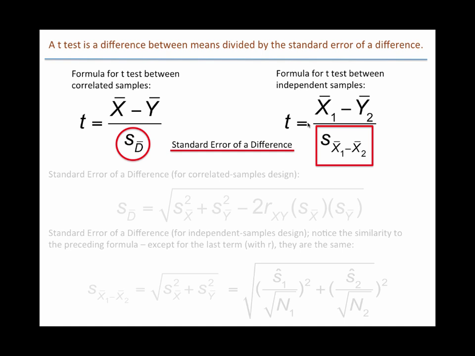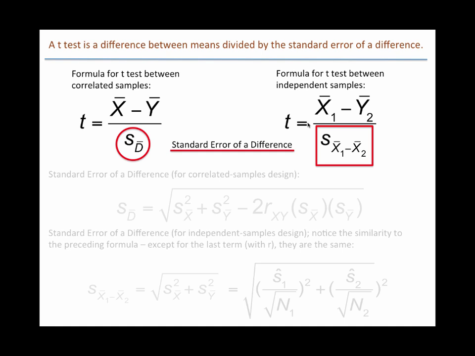If you think about what a correlated samples design is all about, it's really about a group of people who have been given 2 measures. So we have 2 data sets, but each pair of data, much like with the Pearson R, is going to be related because it is coming from the same person.